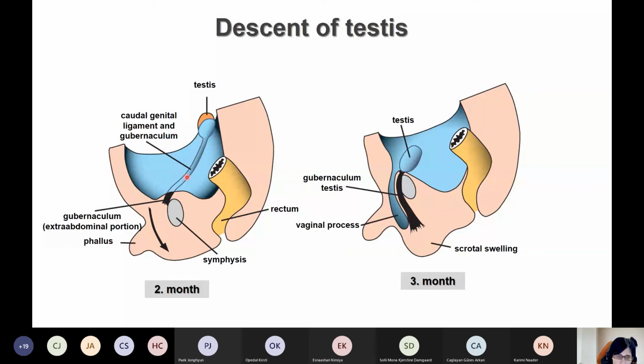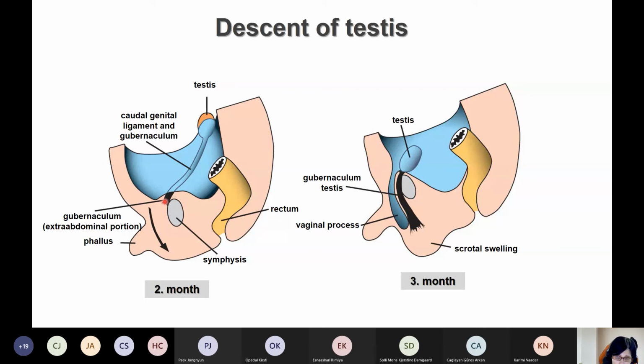So the gubernaculum testis is between the caudal pole of the testis and the inguinal region in this stage. The end of the gubernaculum testis is attached to the developing abdominal muscles, between the developing external and internal oblique abdominal muscles.